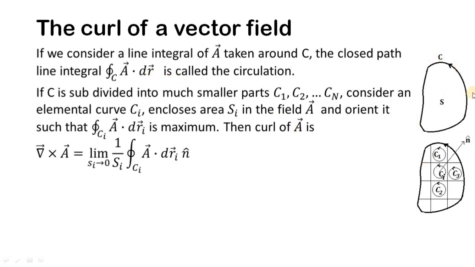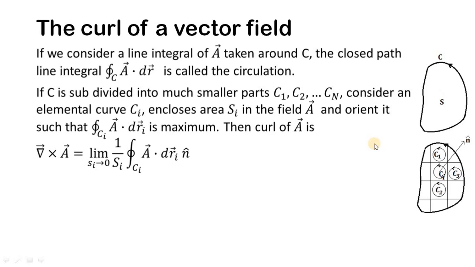Now the curve C is subdivided into much smaller parts. Say this is C1, this is C2, this is C3, C4, C5, etc., say Cn, where n is very large.